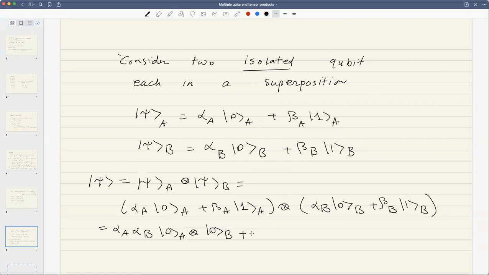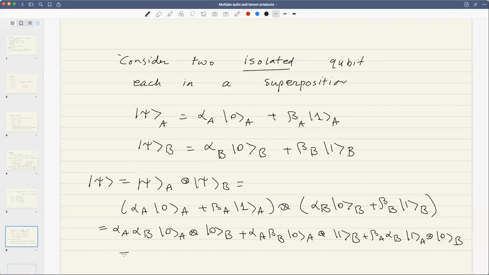Then I have alpha A beta B 0A 1B. Then I have beta A alpha B 1A 0B.